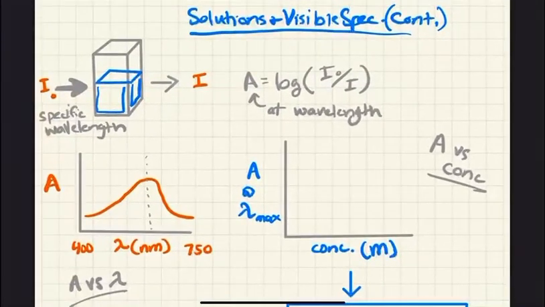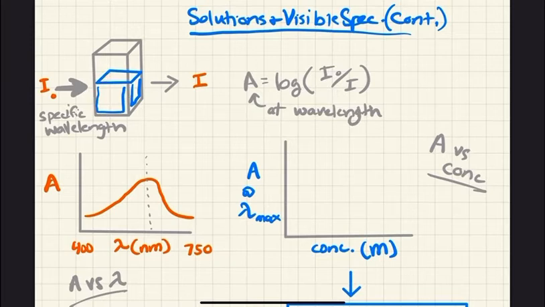Okay, so how does this work? We have a sample, we put it in a cuvette, which is represented by this kind of cubic tube. And so this solution, I'm labeling this solution blue because the solutions we'll be making in lab will be kind of a blue color.